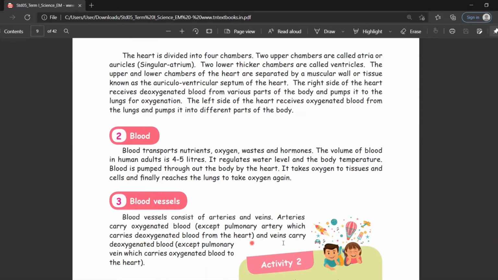Veins carry deoxygenated blood except the pulmonary vein, which carries oxygenated blood to the heart.